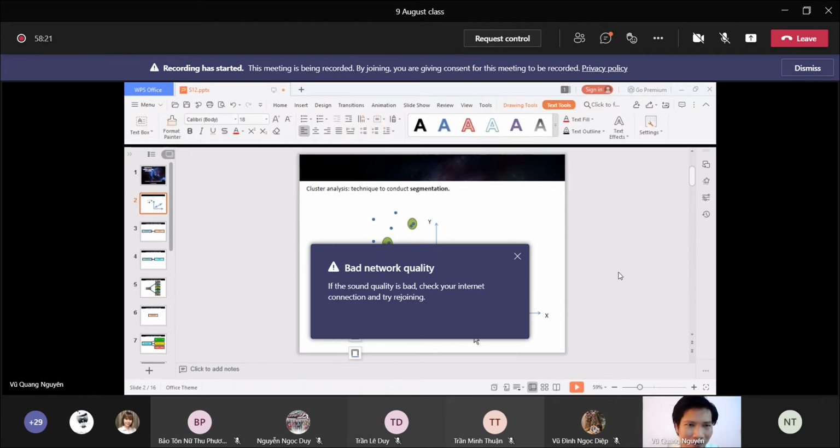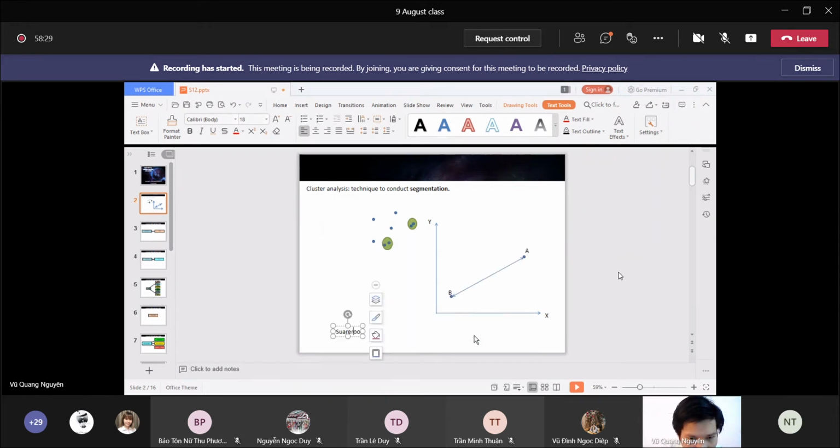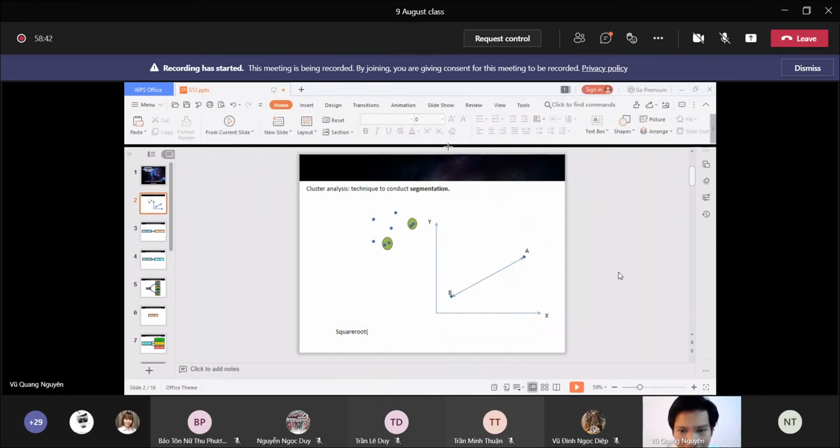It's the square root of something like this. Writing on the board is very easy, but you don't have the board.